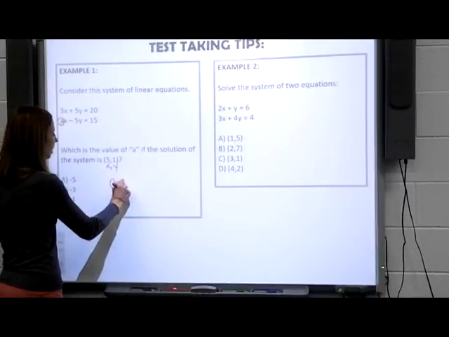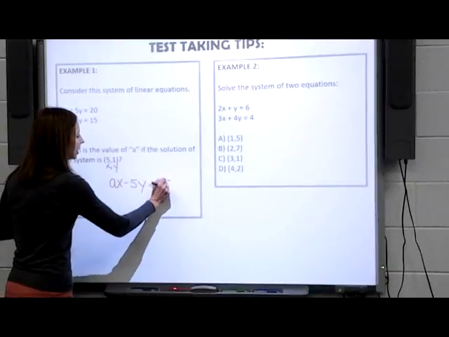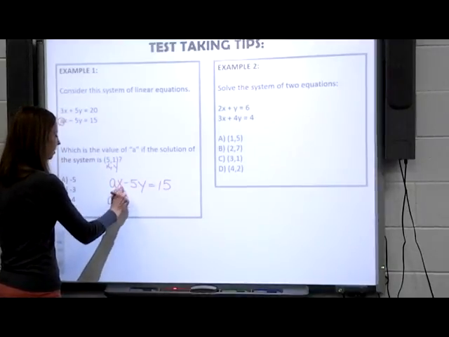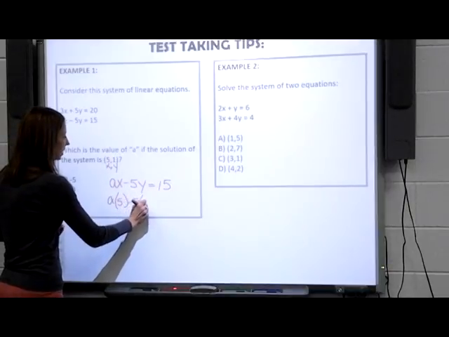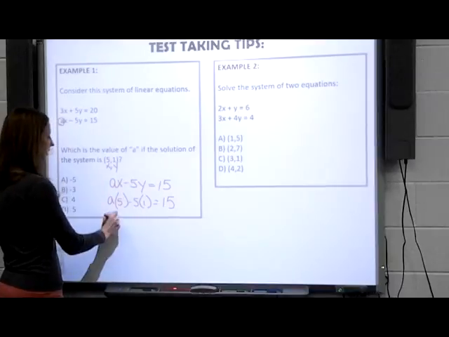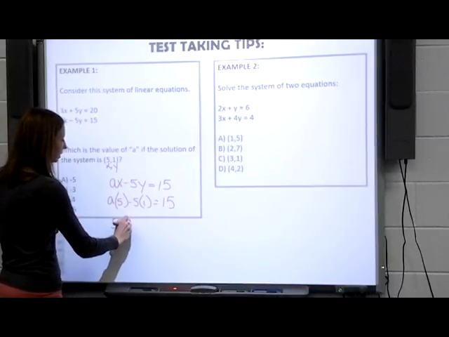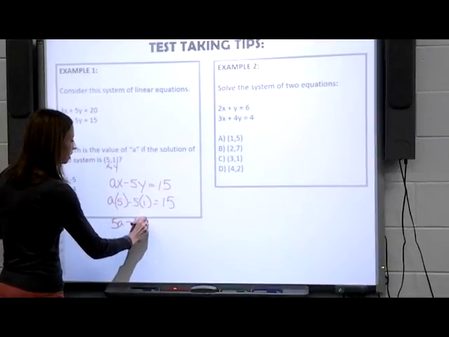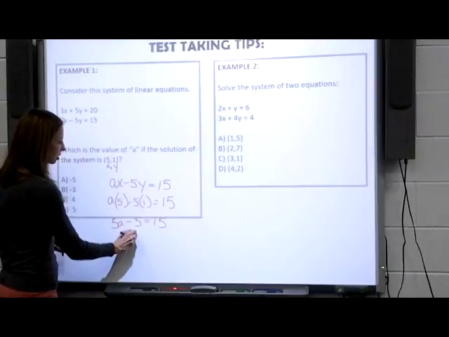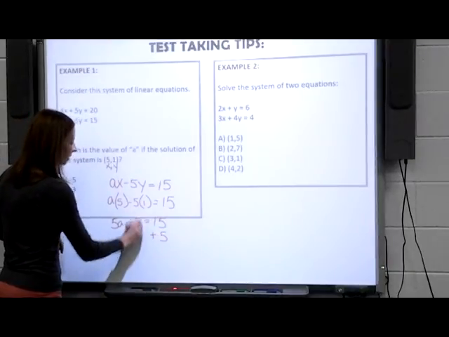So ax minus 5y equals 15. A times 5 minus 5 times 1 equals 15. Okay? So now, if we want to rearrange that, we have 5a minus 5 equals 15. Combine our like terms. So we add 5 on both sides.